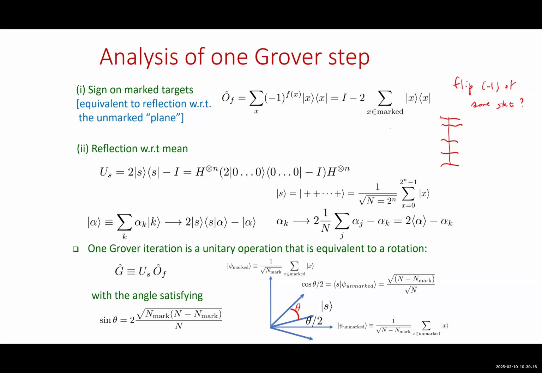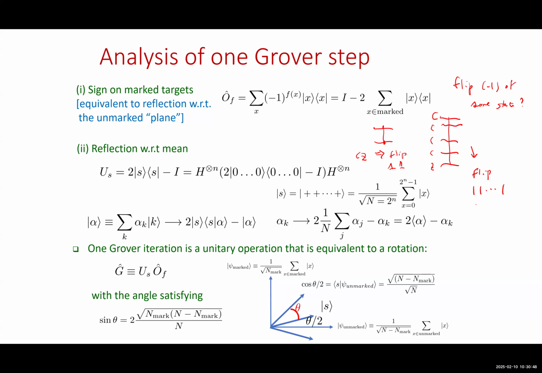For example, control Z flips the sign. A simple example: control Z flips the state 1, 1, right?